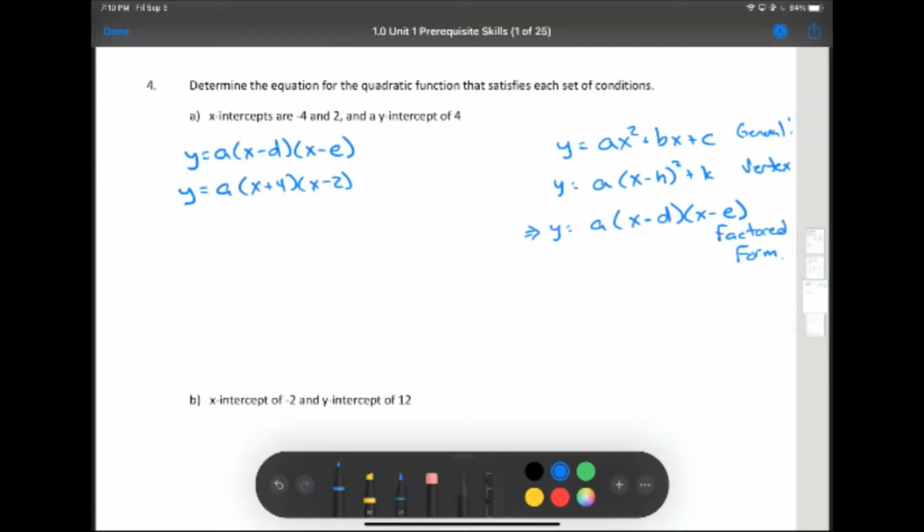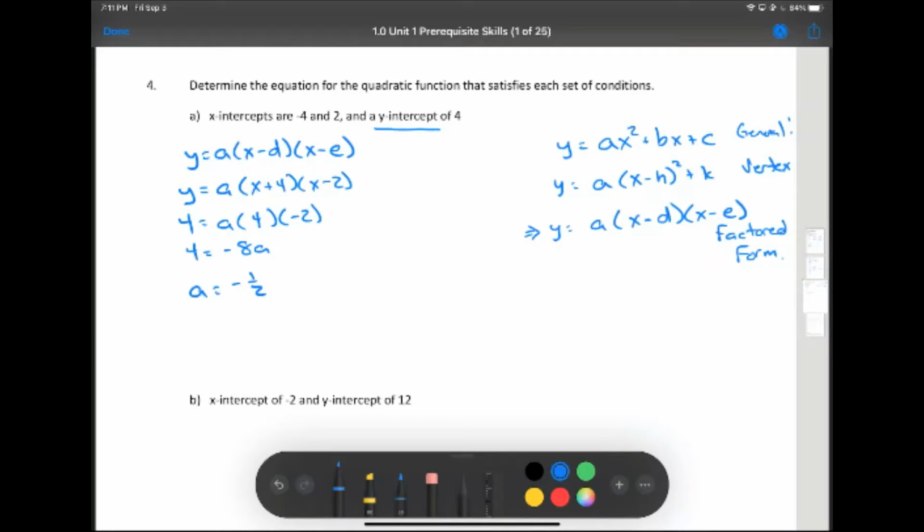Well, obviously, if the y-intercept is 4, that happens at x equals 0. So I plug in 4 equals a(0 plus 4)(0 minus 2). 4 equals -8a, and then divide both sides by -8. And 4 over -8 is -1/2.